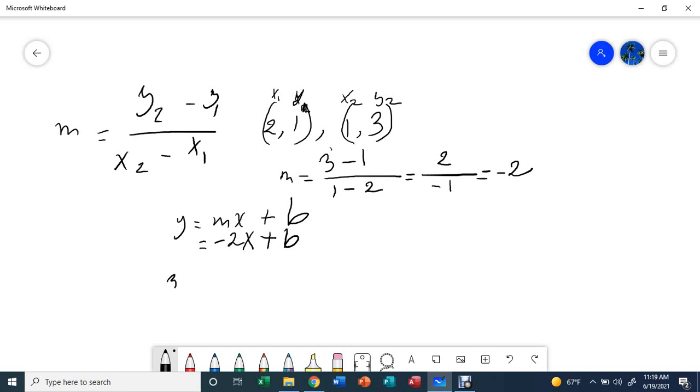So that's 3 equals negative 2 times 1 plus b. That gives me 3 equals negative 2 plus b. So solving for b, I'm just gonna add 2 to both sides, and I get 5 equals b.